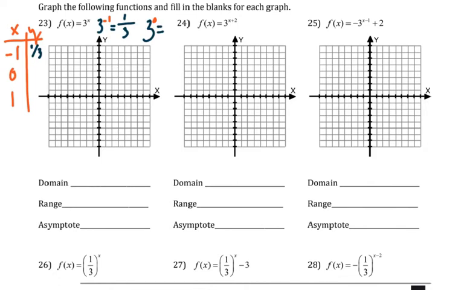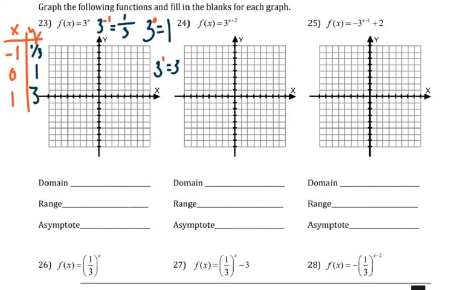Way back in the day, you learned that everything to the 0 power is always 1. Always, always, always 1. Okay, last but not least, 3 to the first power is just the number 3.